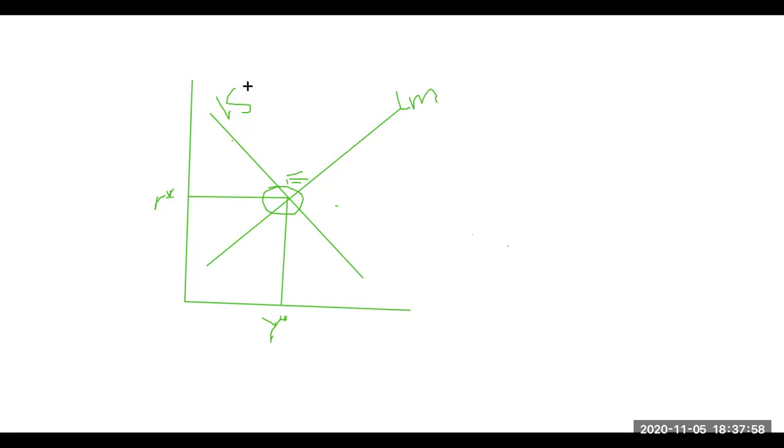We saw that that is going to cause an upward shift in the IS curve. So this is going to be the new equilibrium point, and with that, there's going to be an increase in output, and the interest rate too is going to increase.